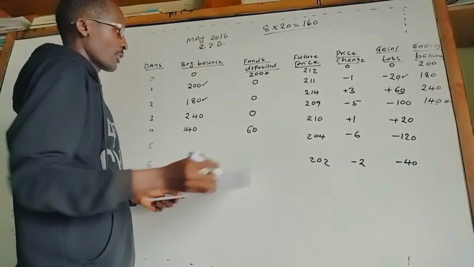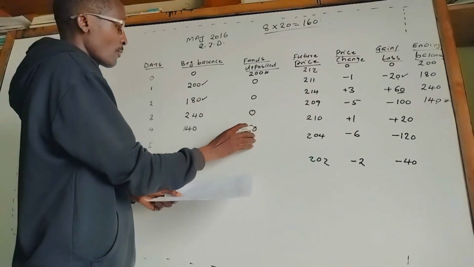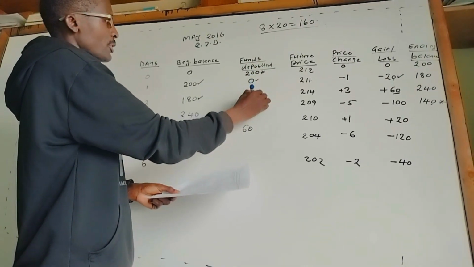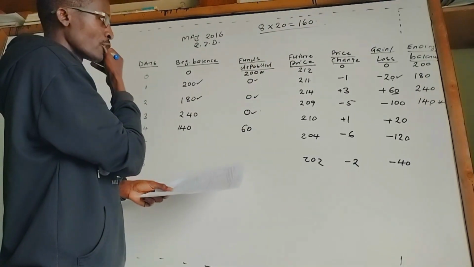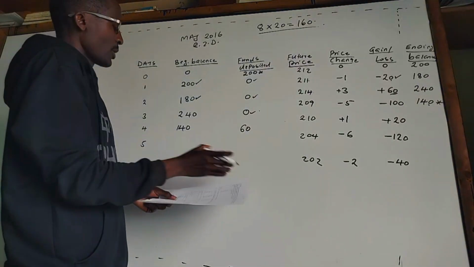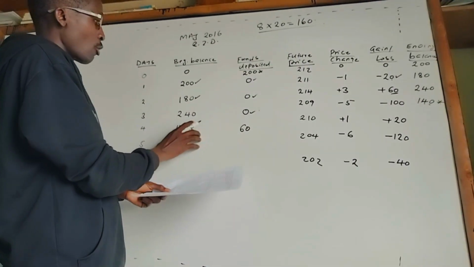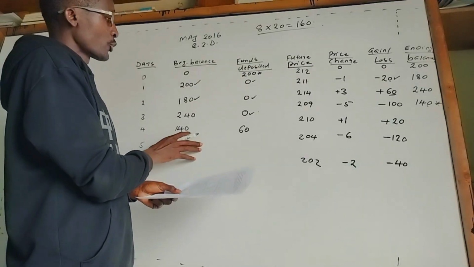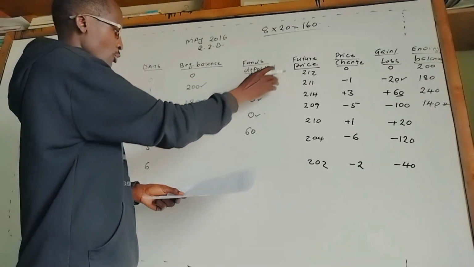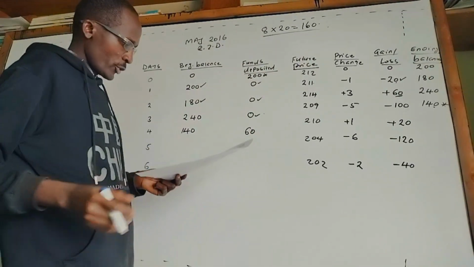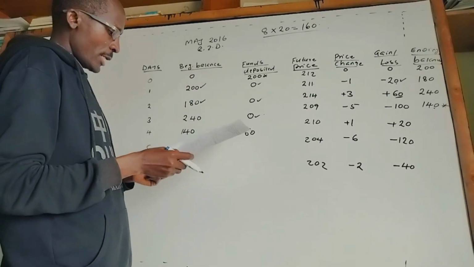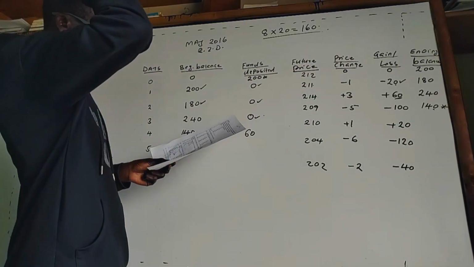You can see from here, you are not making any deposits, because the amounts had not fallen below 160. But once the figure has fallen below 160, you have to top up the account to restore the amount to 200 shillings. That is why here you deposit 60 shillings to get the figure back to 200.